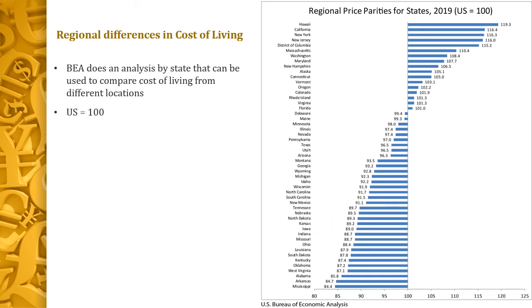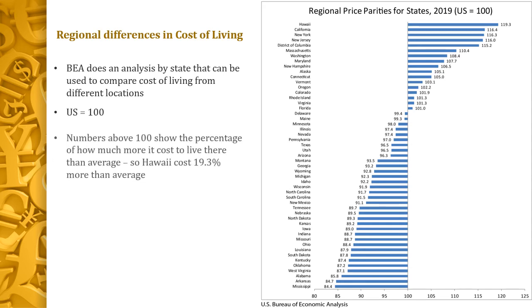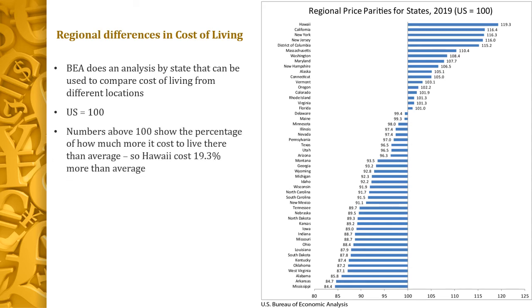But what that means is that they calculate it across the entire United States, and then they look at each state compared to what the 100 for the average across all of the United States is. So any number over 100 shows that it costs more than average to live in that particular area versus the average within the United States.